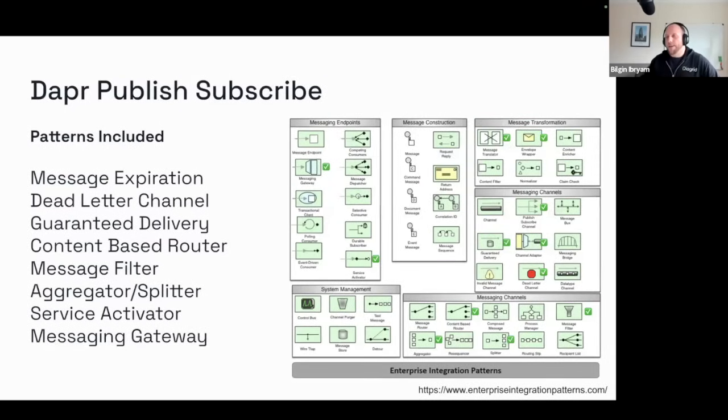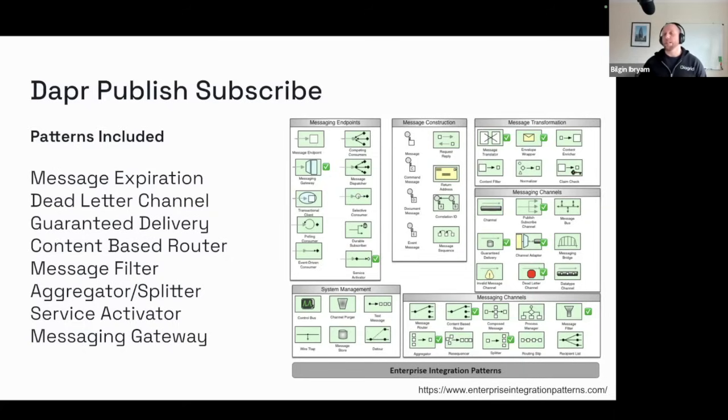So if I map those capabilities to patterns, in this case I'm not using microservices.io patterns, but I'm using enterprise integration patterns from Gregor's book, as this list provides a more extensive list of patterns from a messaging point of view. So what are some of the patterns? Message expiration is achieved with the time to live property. Dead letter channel are the DLQs.